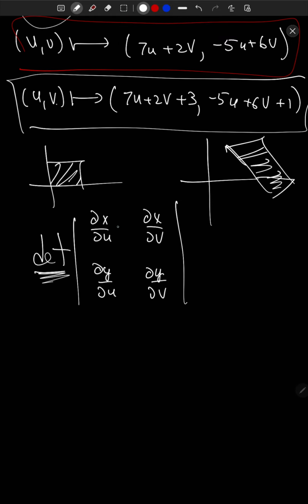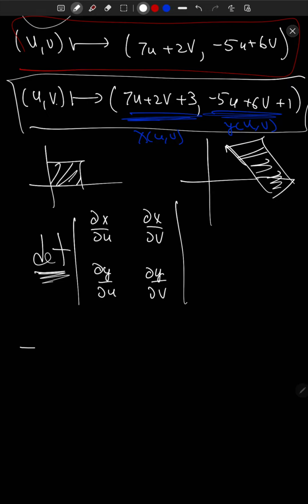So now I just calculate what each of these are, right? What is dx/du? That's my x of (u, v), and that's my y of (u, v). So when we say dx/dv, x is to be thought of as a function of u and v, right there, 7u + 2v + 3.